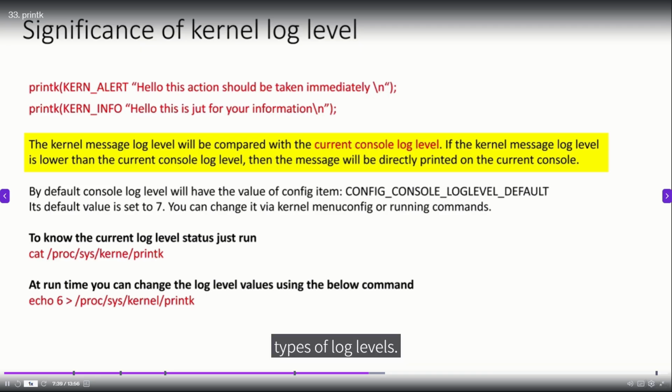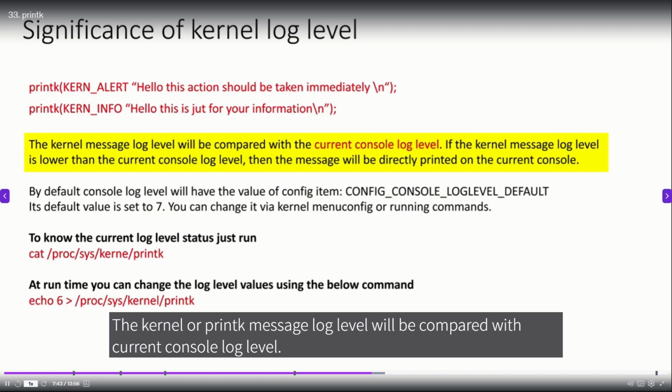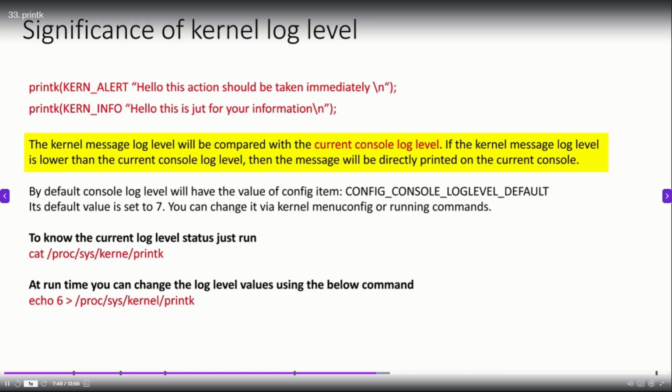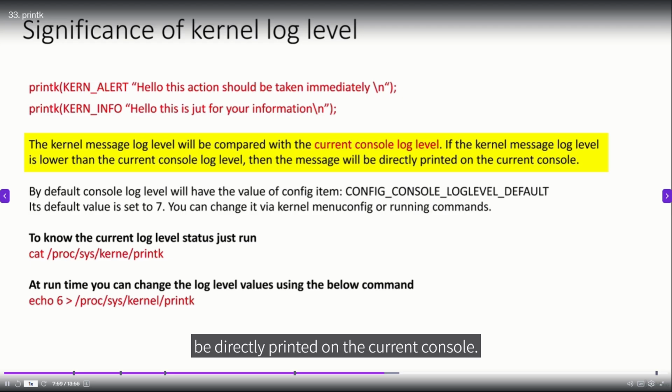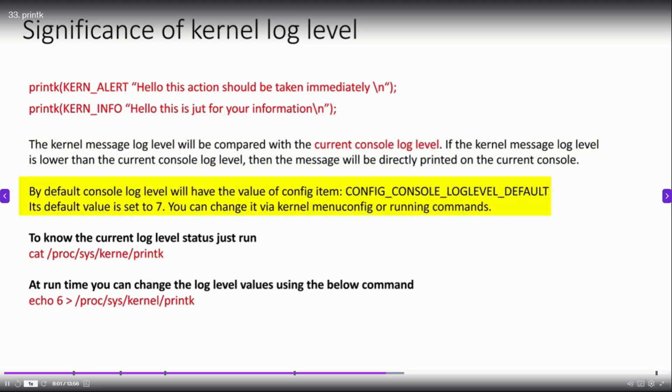So there are two different types of log levels. The printk message log level will be compared with the current console log level. If the kernel message log level is lower than the current console log level, then the message will be directly printed on the current console.